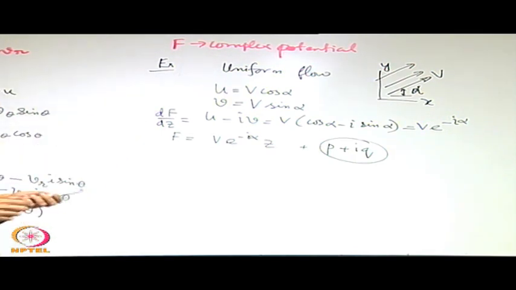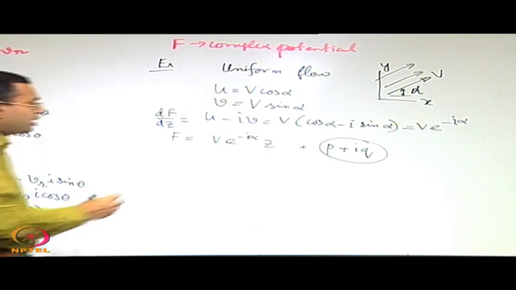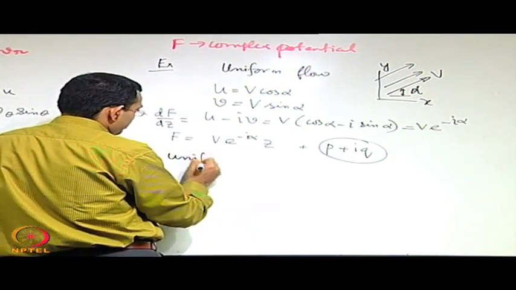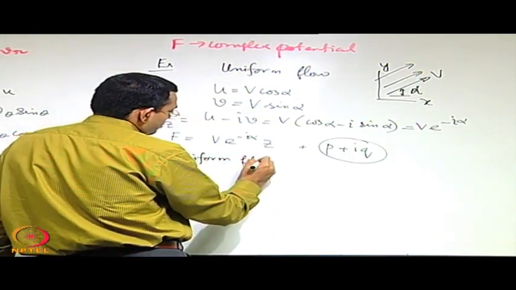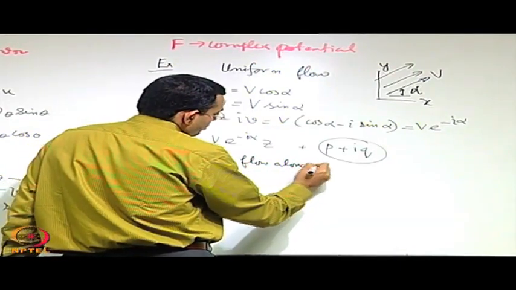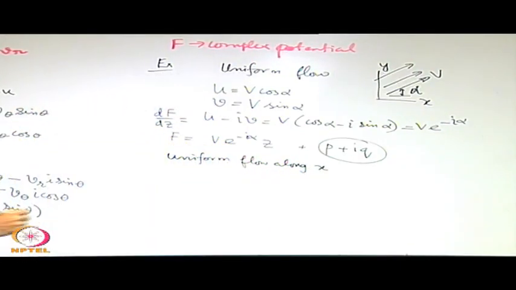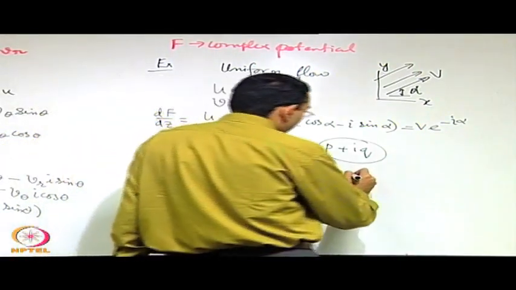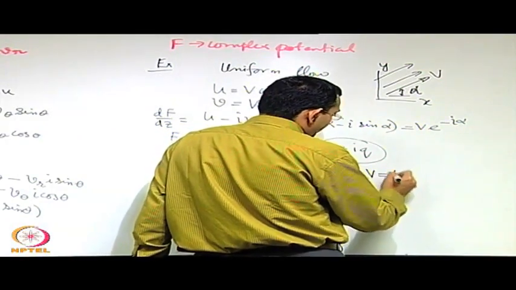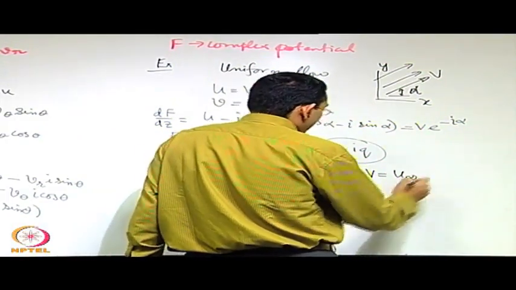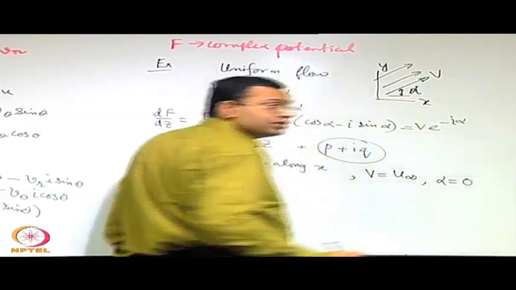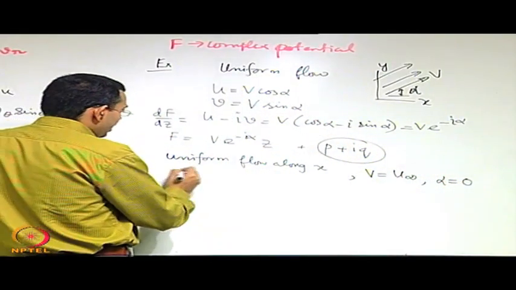Now using this example, let us say that you want to generate a uniform flow along x, with a velocity, say capital V equal to U infinity, and alpha equal to 0. So what is F in that case?